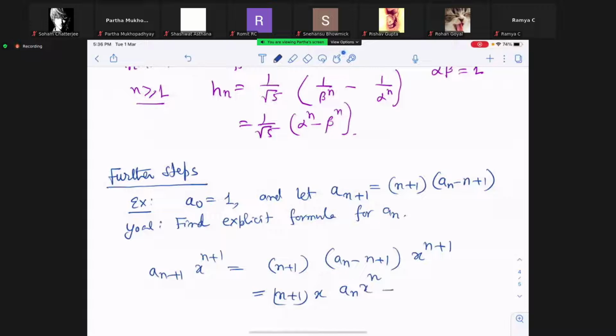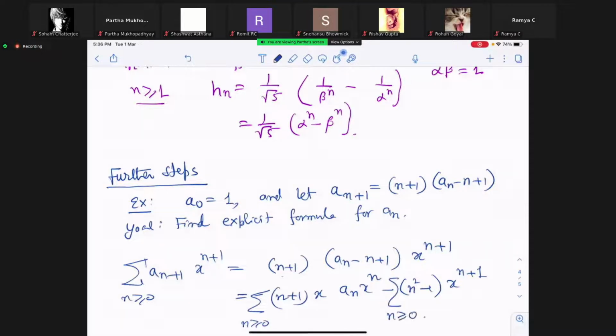So let's try to write it. So this is (n+1), and the minus, it will be (n^2 - 1), and then x power n+1, right? Now, if I take the sum over n greater than or equal to 0 on both sides as before, what is the problem?